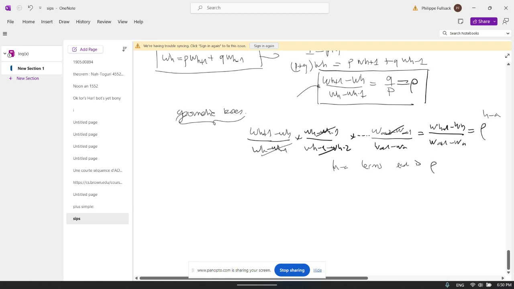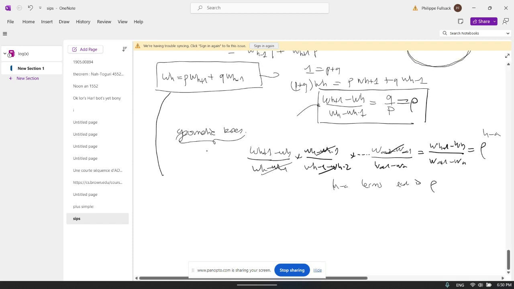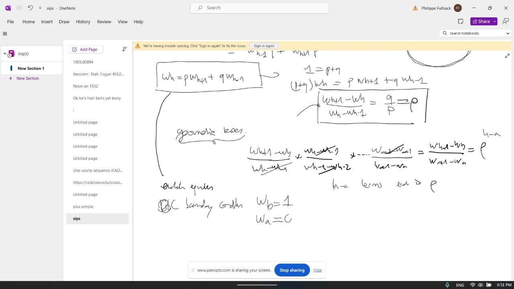All right. But now, I observe the following. I observe that my evolution equation here has some boundary conditions. Indeed, if I start from B, I am sure that I will arrive in B. And if I start at A, I am captured by A, I don't continue, so I never arrive in B. So I can, and I need to, use these two conditions.